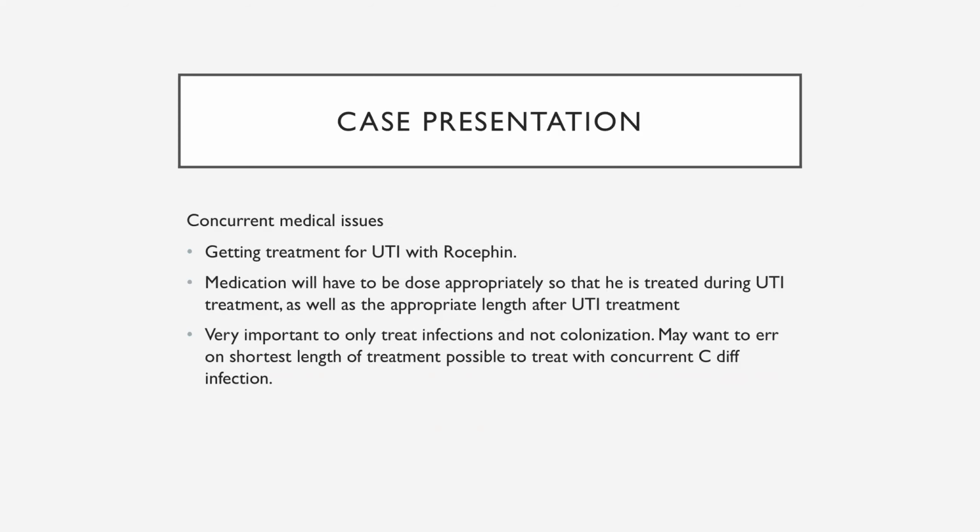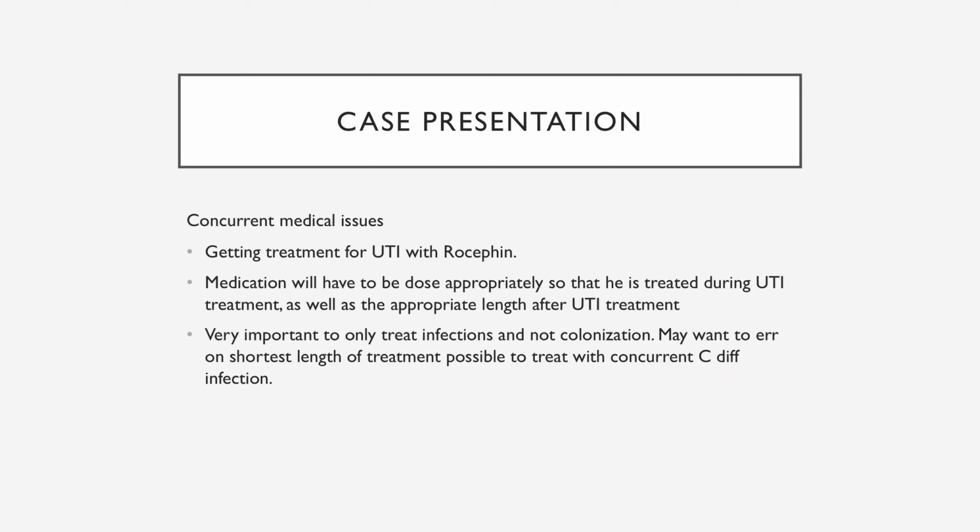Concurrent medical issues. He had the UTI, so we chose a 7-day course of antibiotics for him, the shortest possible course we thought could resolve the infection. So we're going to treat him with the oral vancomycin for those 7 days and then start our C. diff treatment.